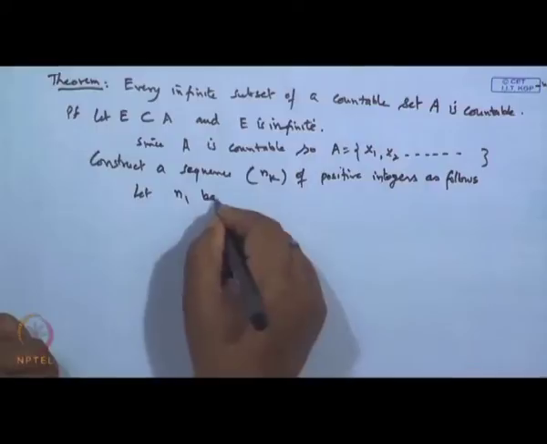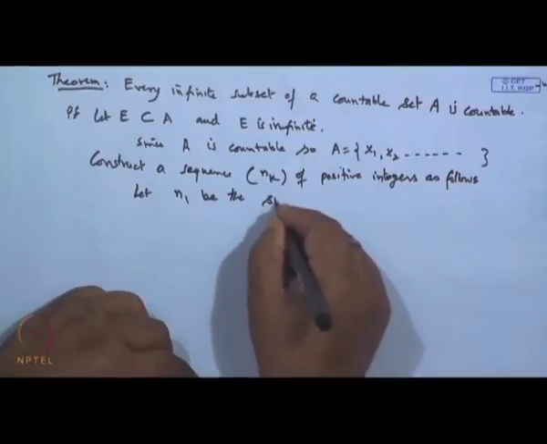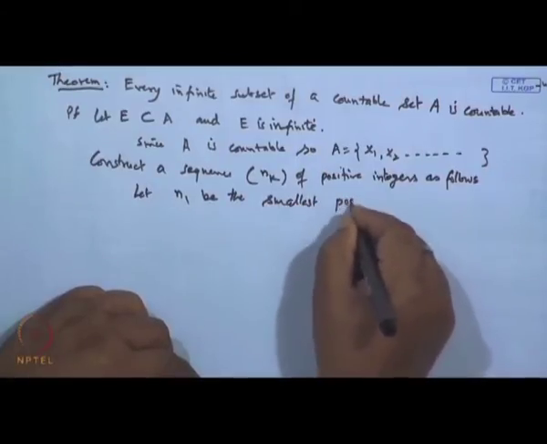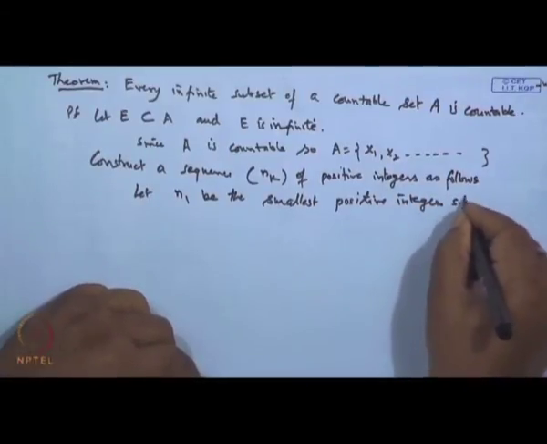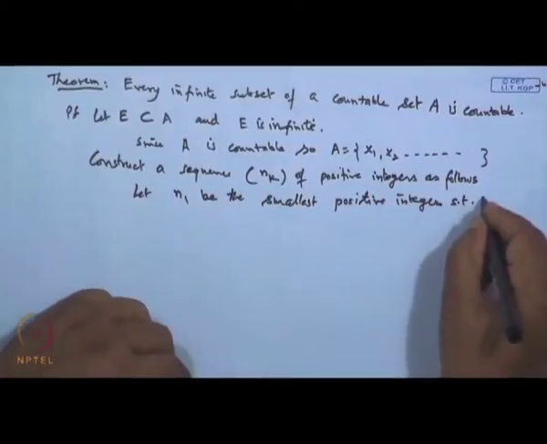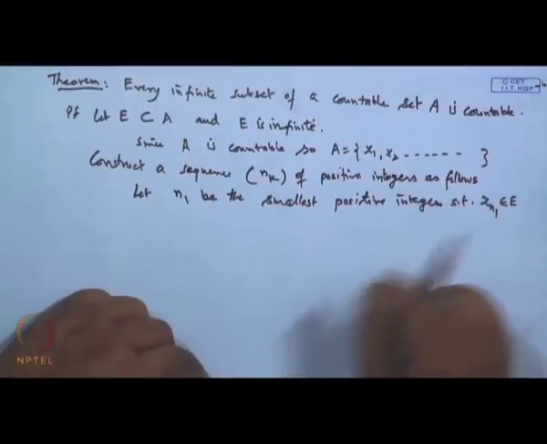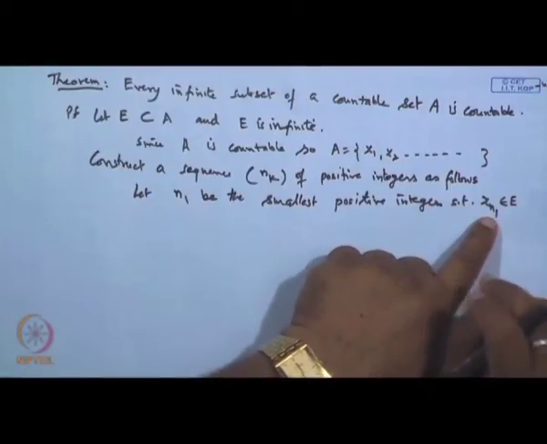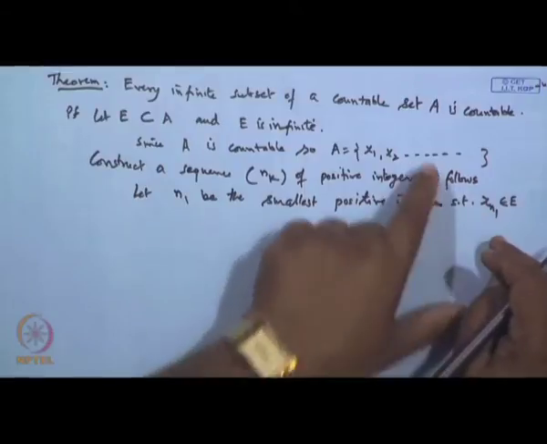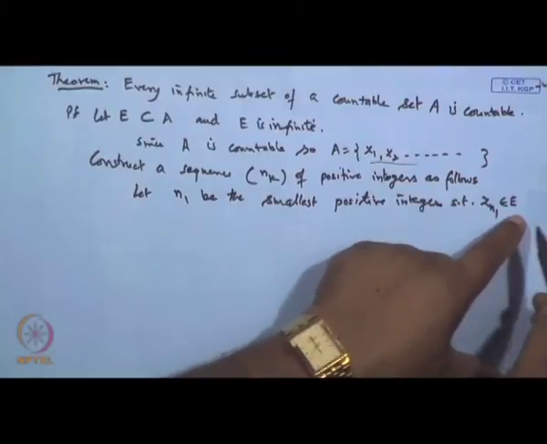Suppose n1 be the smallest positive integer such that x_{n1} is an element of E. Means suppose I am taking n1 as the smallest integer, so that the first x_{n1} is an element; out of this, the first element which you are getting is x_{n1} belongs to E.